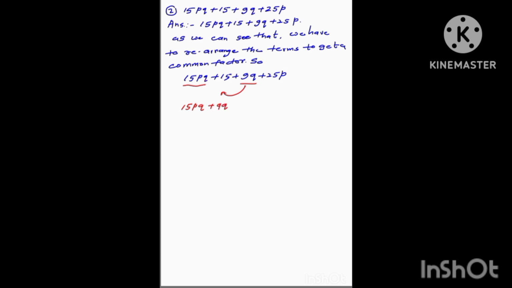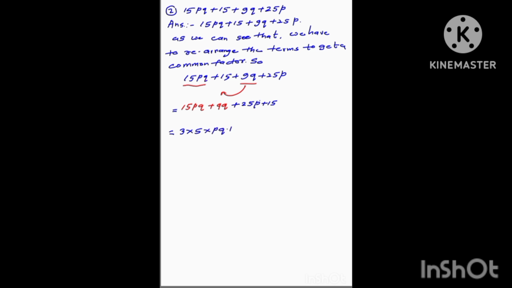So writing in red, because you should know which two terms have changed the position. It doesn't change the total value of the expression, but that is for our benefit. Okay, the 15pq plus 9q plus 25p plus 15.